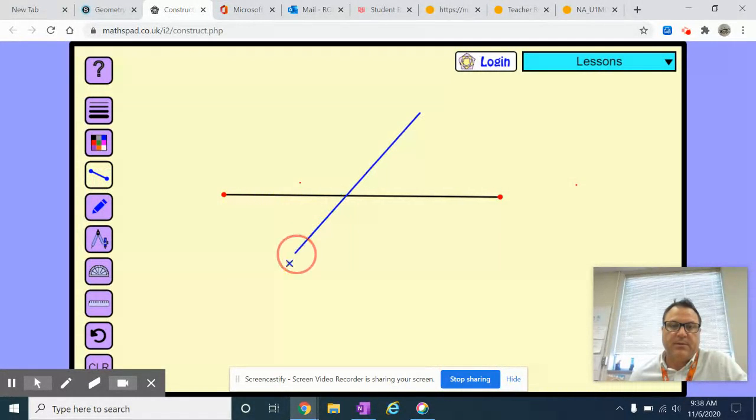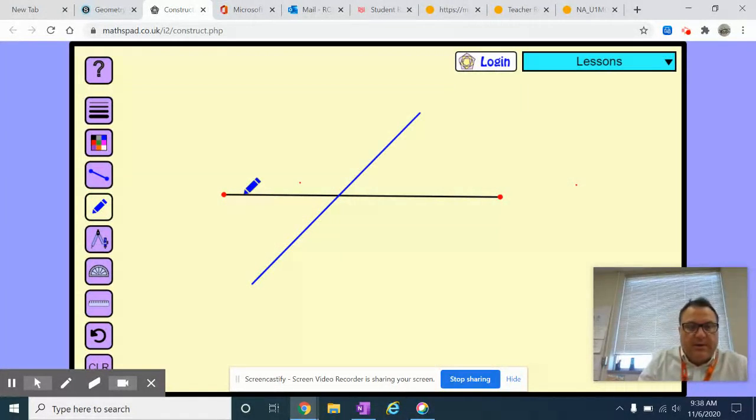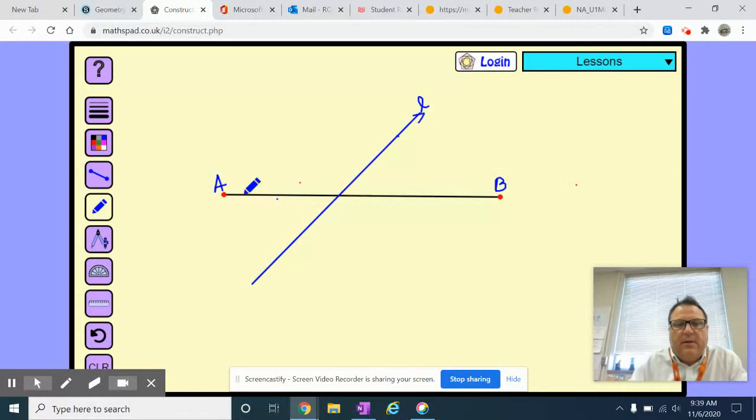So if this blue line bisects AB, this is going to be A right here, and this is going to be B, and this is a line, we'll call this line L. If L bisects segment AB at, we'll say, point C, then let's call this point C right here.